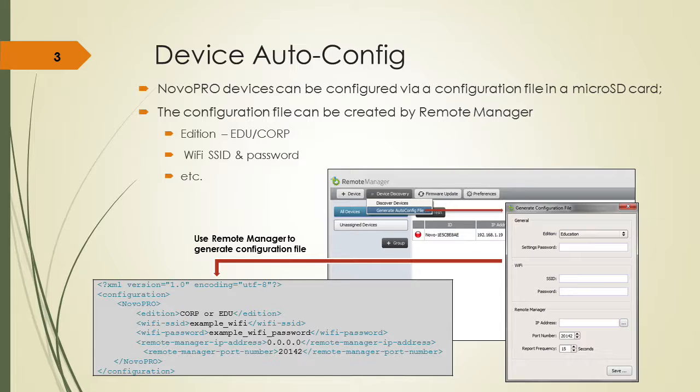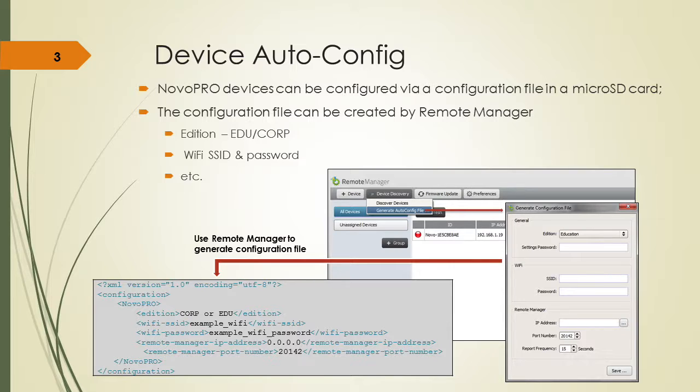However, in a large-scale deployment, utilizing Device Auto Config is an ideal solution to help you avoid this labor-intensive process. Basically, Novo Pro can be configured in a way that it reports its status to Remote Manager software automatically, which makes device discovery over the network an easy task.